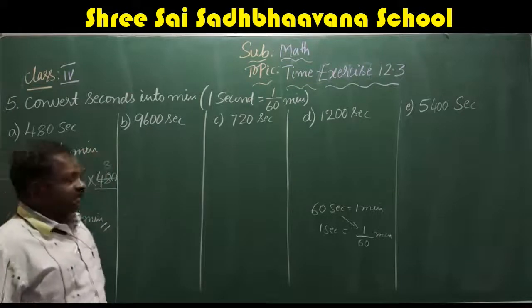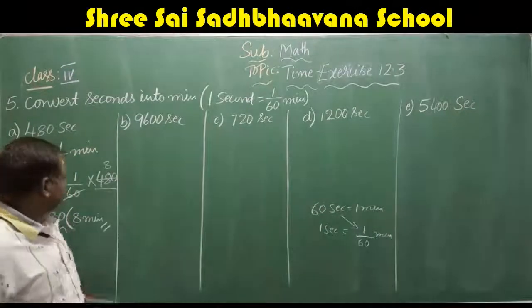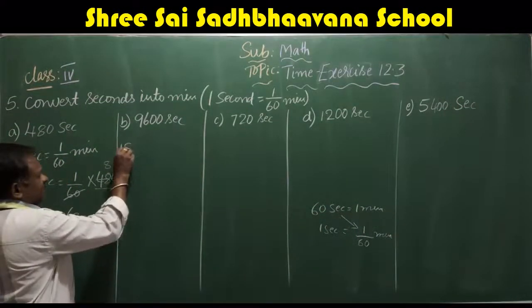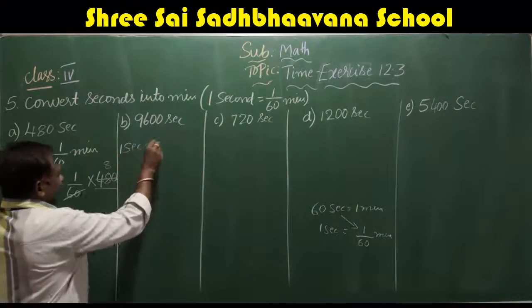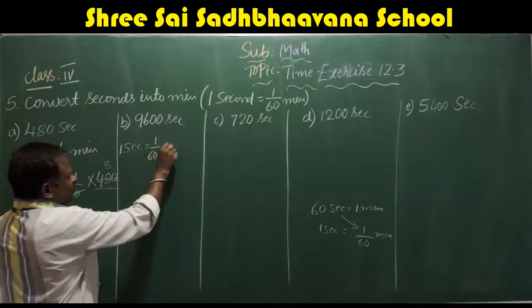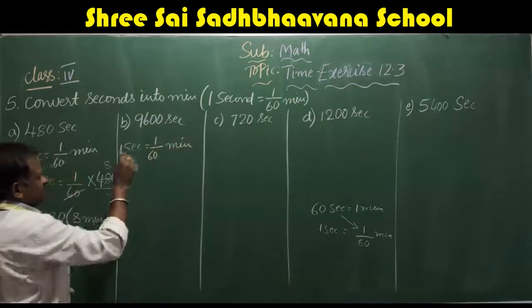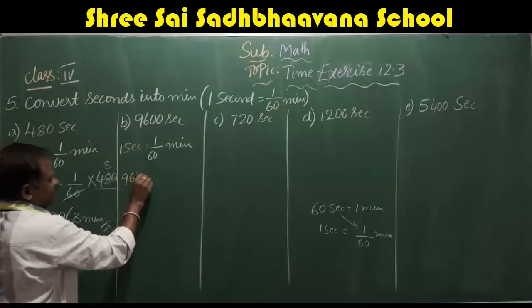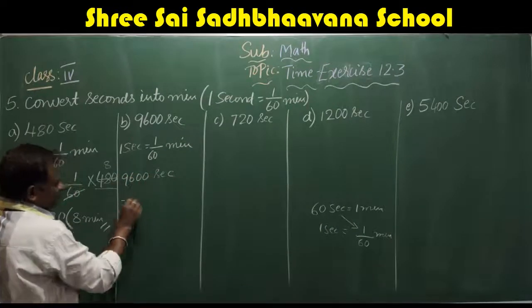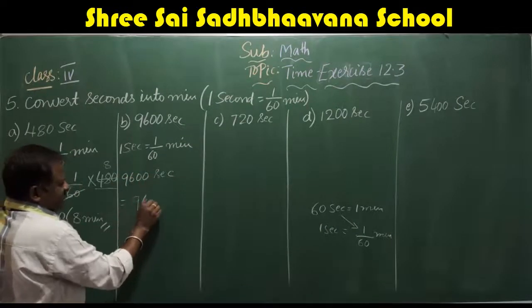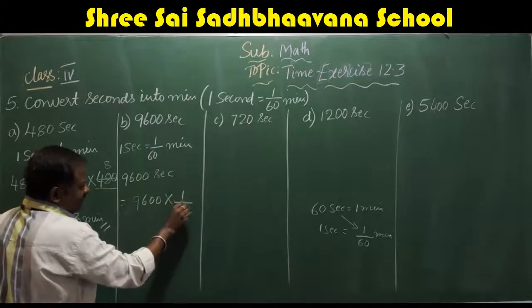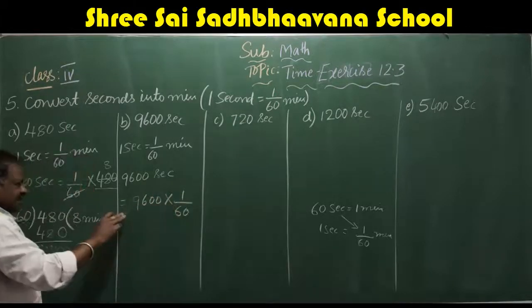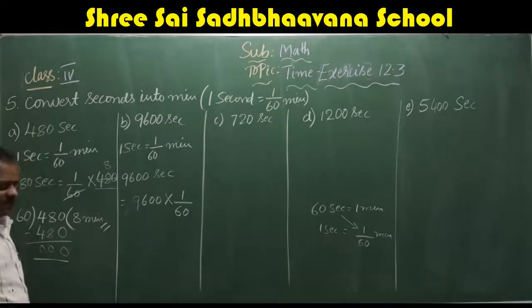Next, come to here, 9600 seconds. Same way, 1 second is equal to 1 by 60 minute. So 9600 seconds is equal to 9600 into 1 by 60. The 60 may be written this side or that side, no problem.